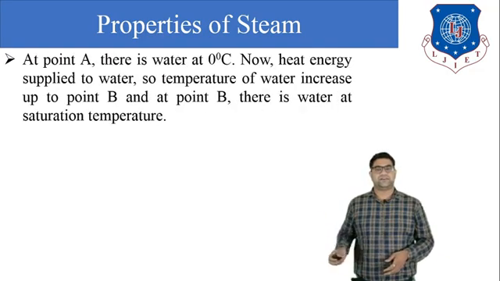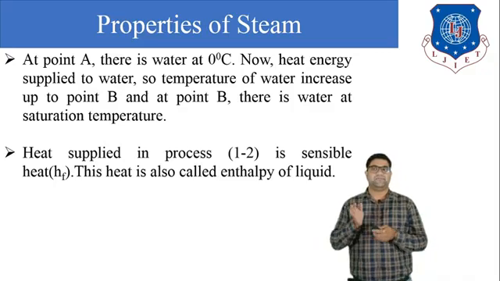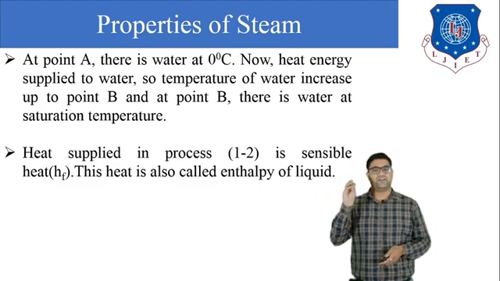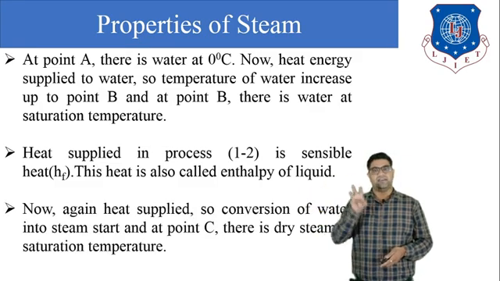So all the description is given here about the diagram. At point A there is water at 0 degrees Celsius and heat will be supplied, so it reaches point B, our saturation condition, where the enthalpy is known as hf.